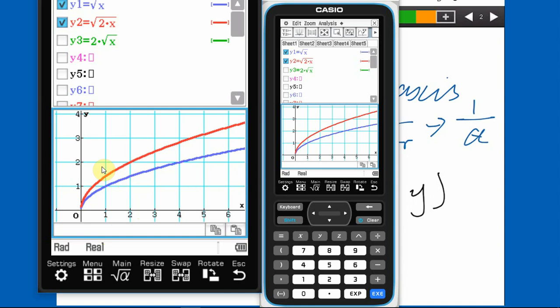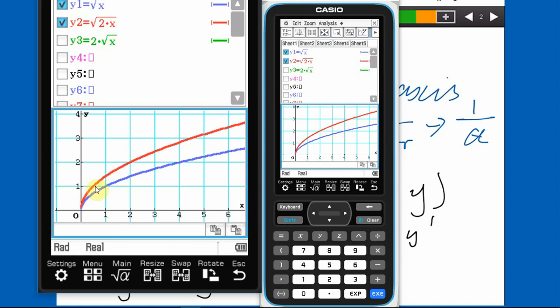So x dashed and y dashed, they're our images. So in the mapping, our new x is twice what the old one was, and our new y is the same as the old y.